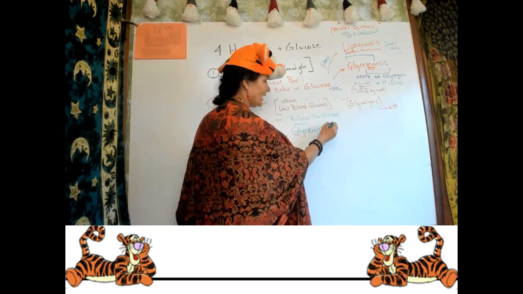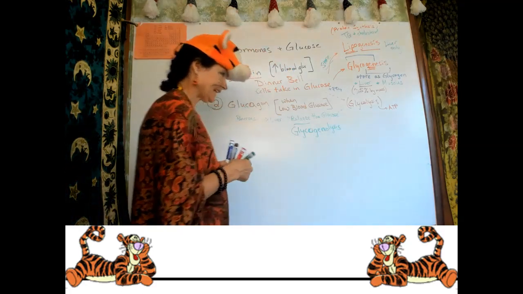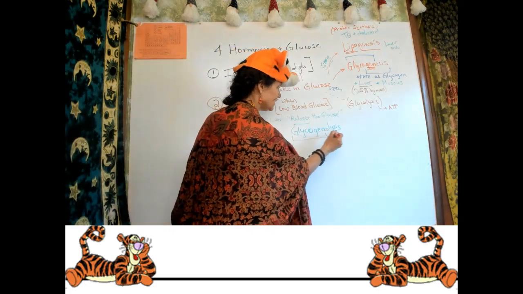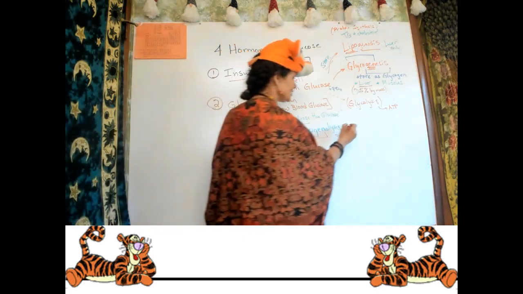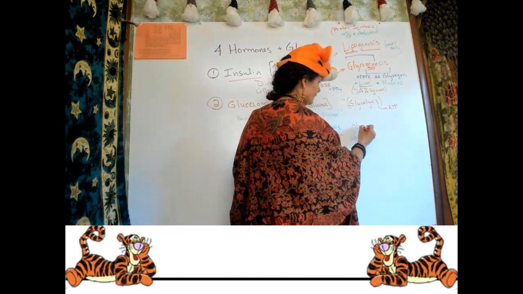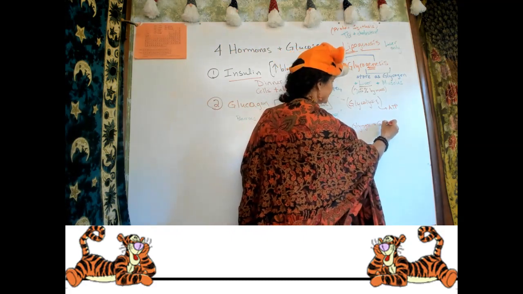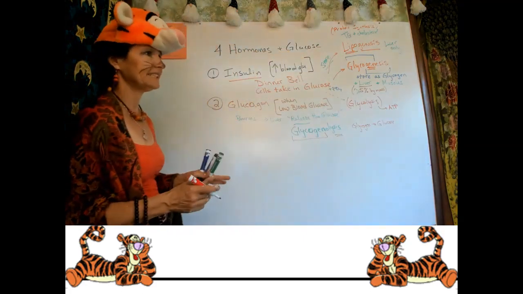You put an O, and then you say lysis. So we're going to break it down. So we see this whole piece here, glycogen, and then lysis. We're breaking it down, glycogen to glucose. And again, the liver can remove the phosphate, the glucose gets released into the bloodstream, everybody's happy.